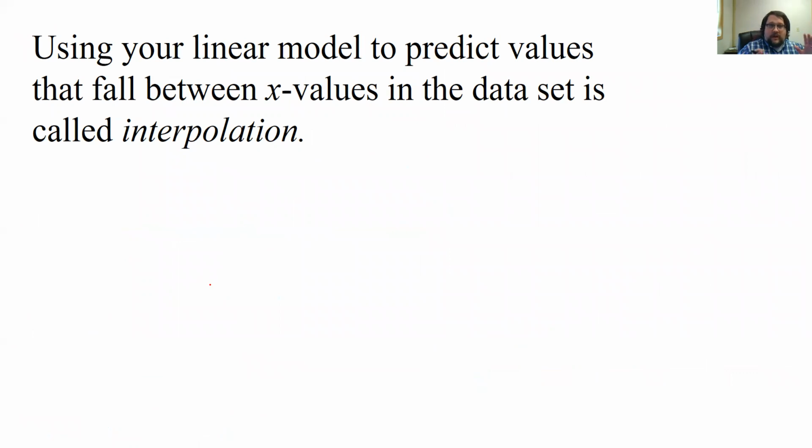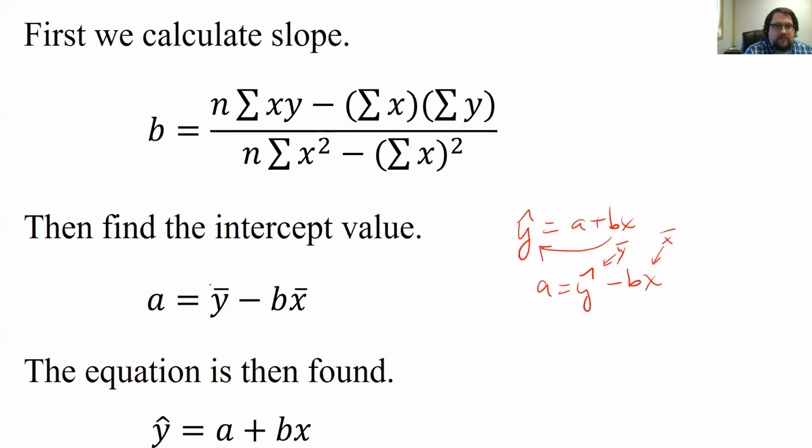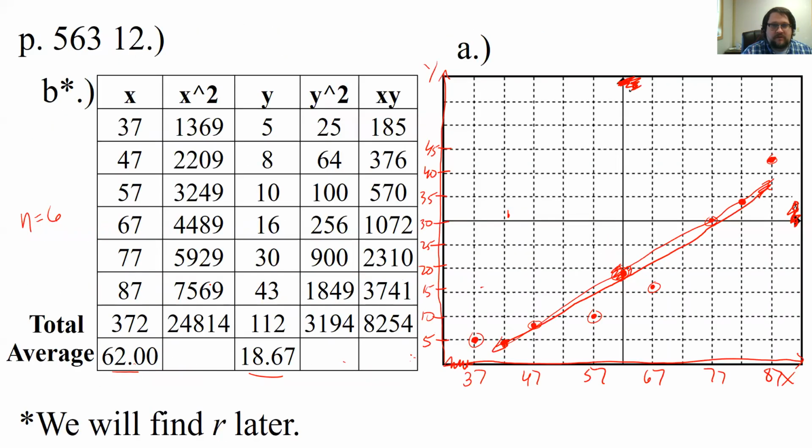But if we want to use our linear model to predict a value that falls between X values within the data set itself, this is called interpolation. So think about if I wanted to predict what would it be for 52, or for a 61-year-old?